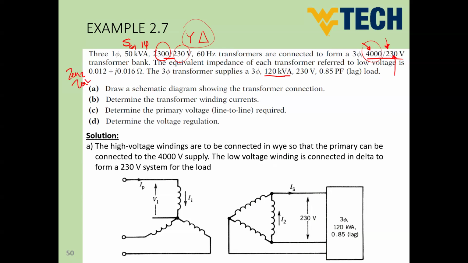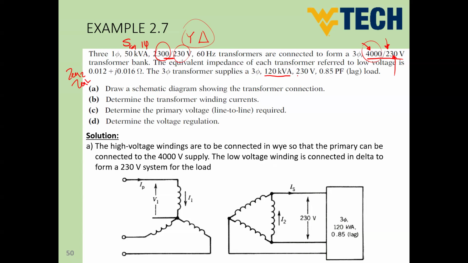We just mentioned, guys, that every transformer is rated 50 kVA. So this means our load is not going to absorb the rated power from the three-phase transformer, because this three-phase connection can provide power up to 150 kVA, but the load requires only 120 kVA. So this means it's not rated.